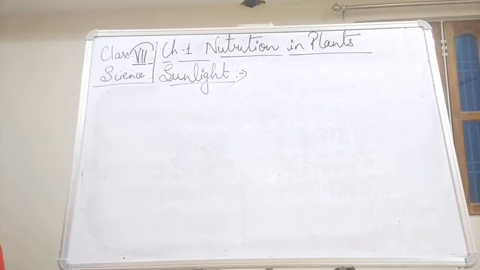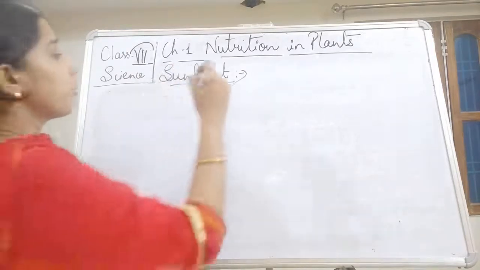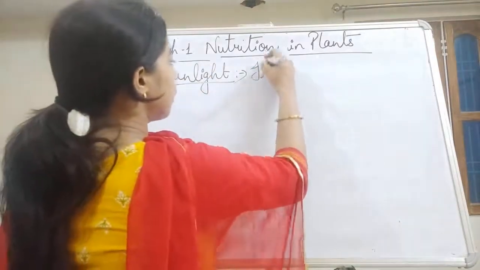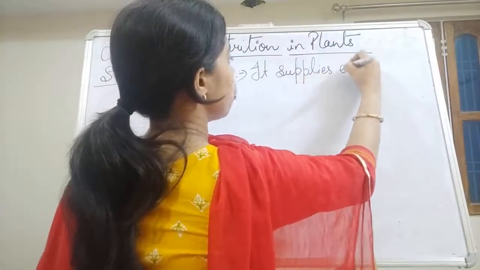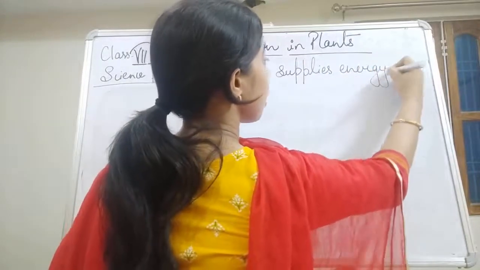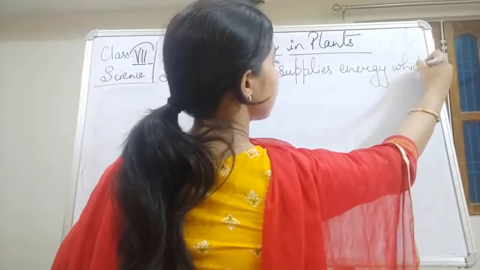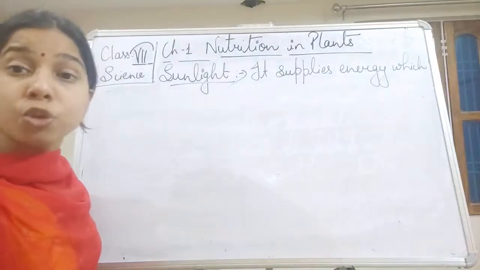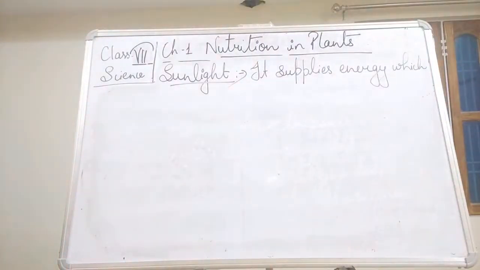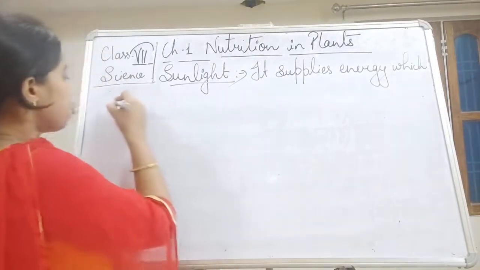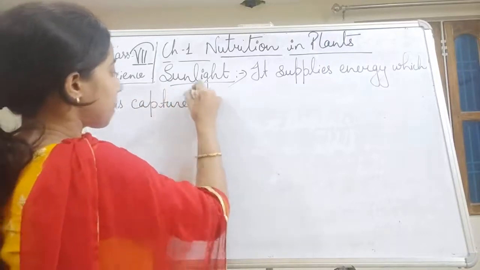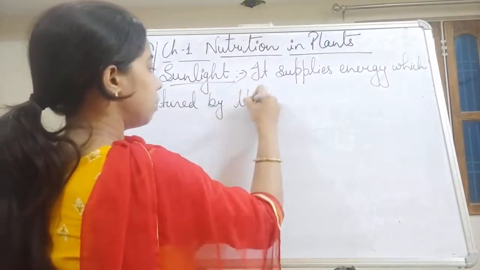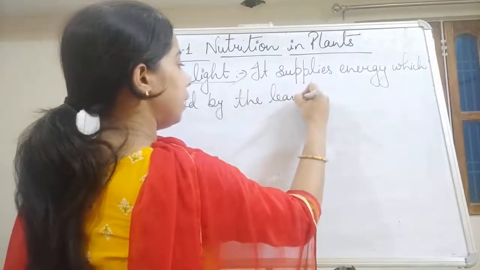Okay, so we can write it here that sunlight supplies energy which is stored in the form of solar energy, which is captured by the leaves.